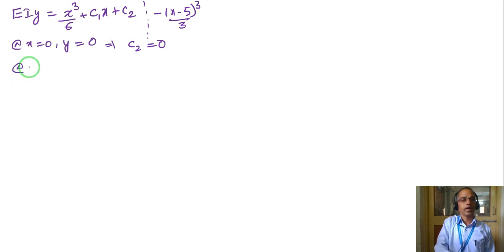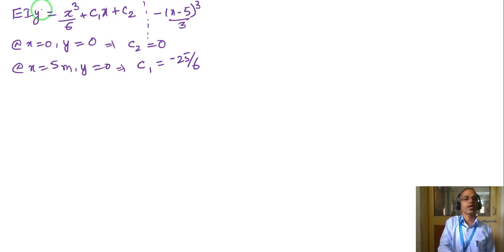Then at x equal to 5 meter, take this term only, and y equal to 0 at the support B. With C2 equal to 0 and x equal to 5, I get C1 equal to minus 25 by 6.